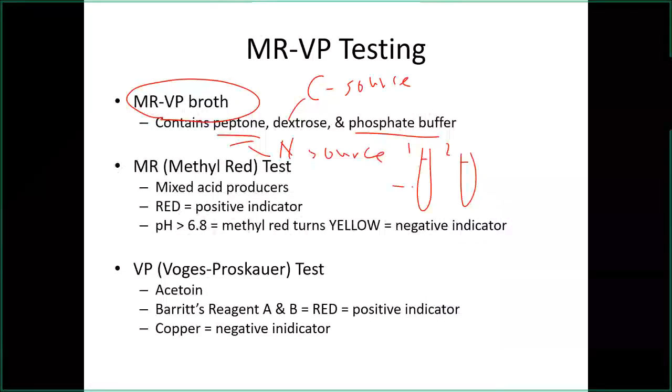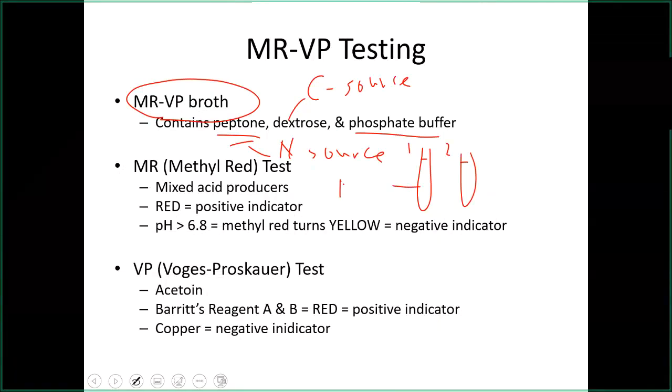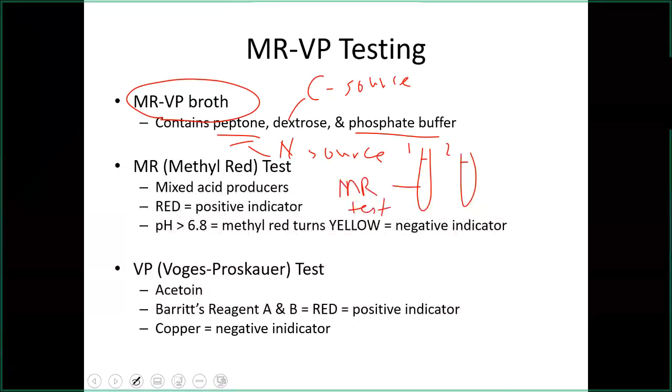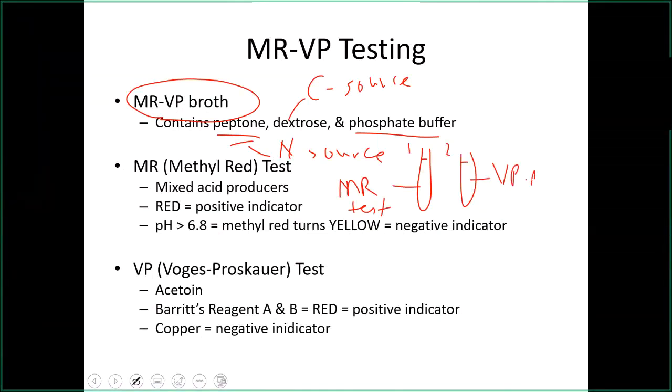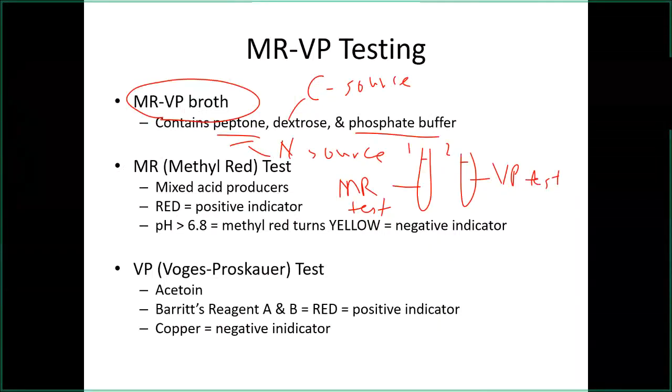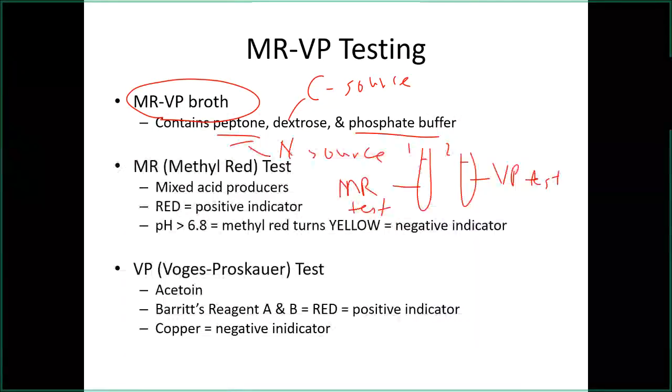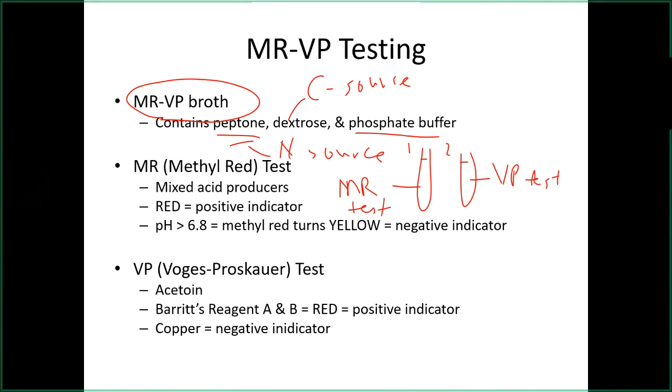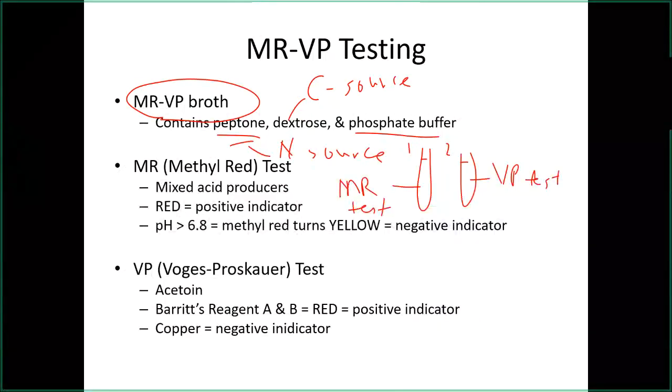And then one of those later will be tested with the methyl red test after we get some growth. And that same organism, we're going to perform the companion test, the Voges-Proskauer test. You can't do both of these tests with just a single tube of organism. Once you complete one of those tests, that tube is done. So the upshot is we have to have replicate tubes so we can do these separate treatments.